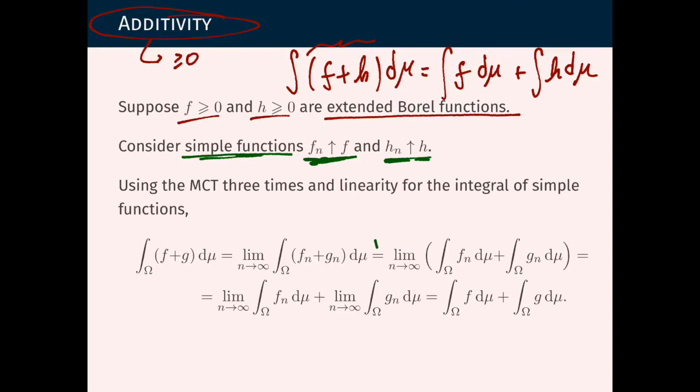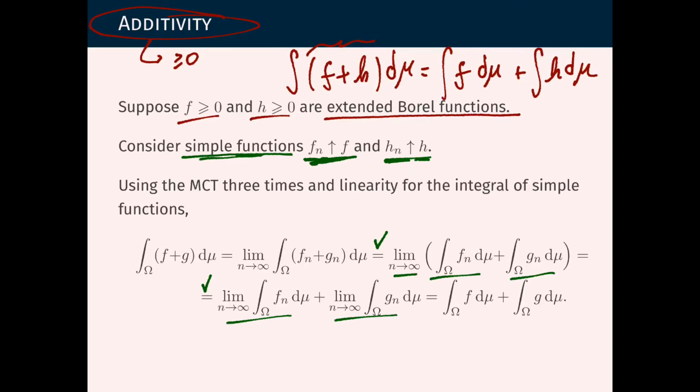So this proves this equality here. And now, since this increases and this increases, and we know the limit of the sum of two sequences that are each non-decreasing is the sum of the two limits, this is also okay.